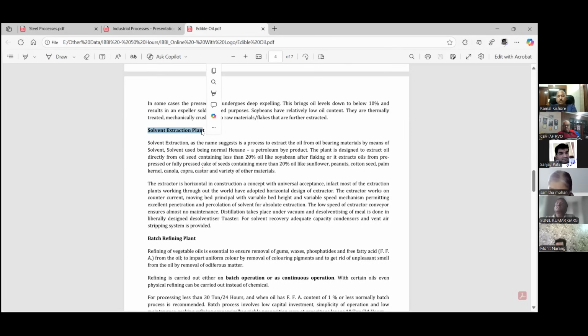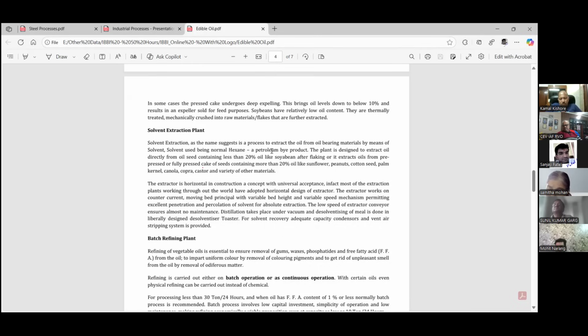In the solvent extraction plant, to the duff that comes from crushing, we add hexane. Hexane is a petroleum byproduct. This hexane reacts with the oil content available in the seeds.